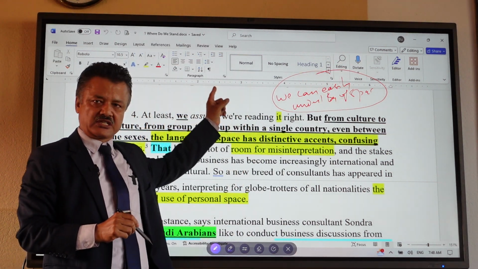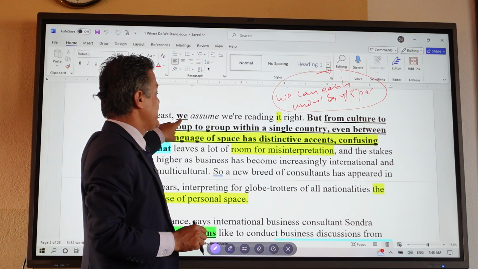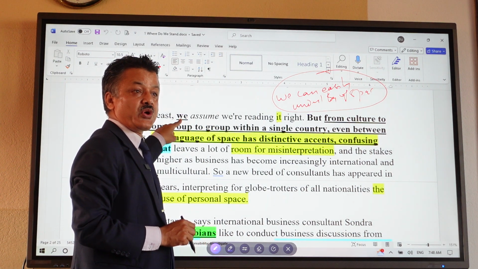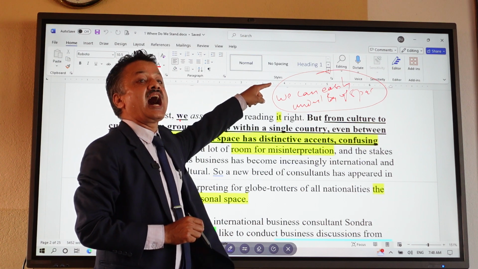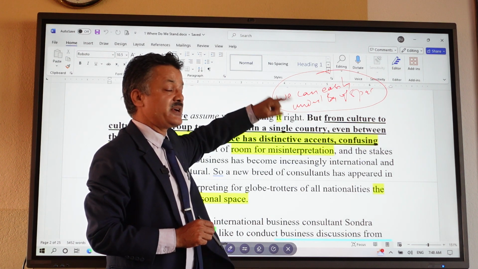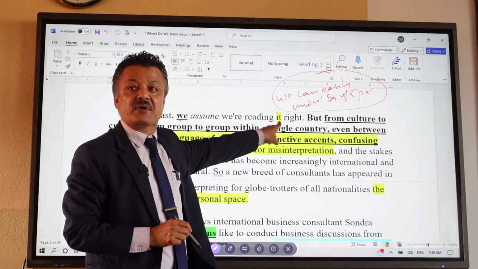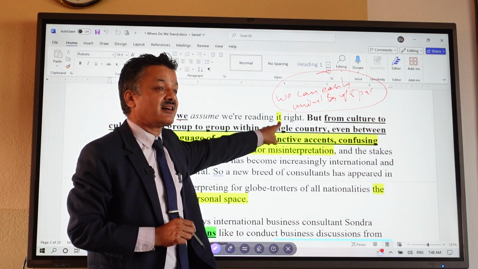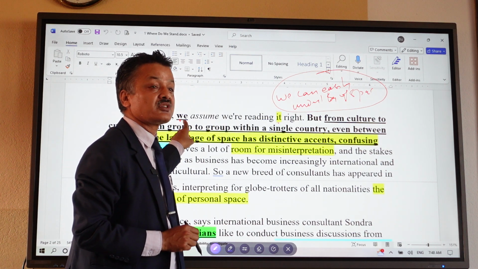This is what he was saying in the previous paragraph. So it means at least we Americans, when we are in America, talking to other Americans, we understand how we use space. I repeat, it means we Americans, when we are inside America, talking to another American, we understand the subtle language of space use.